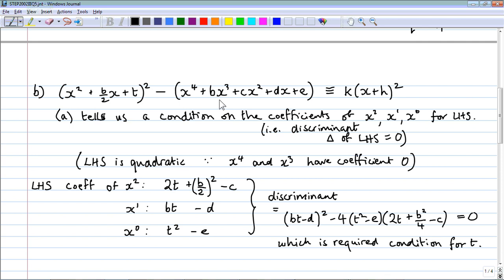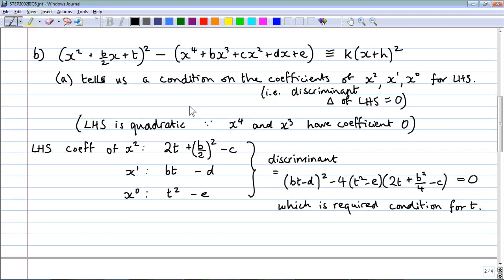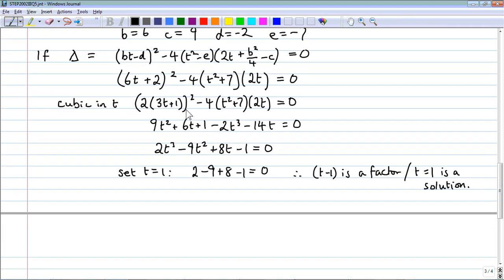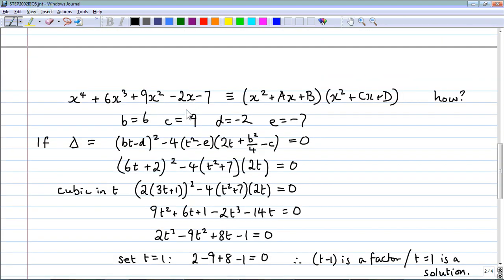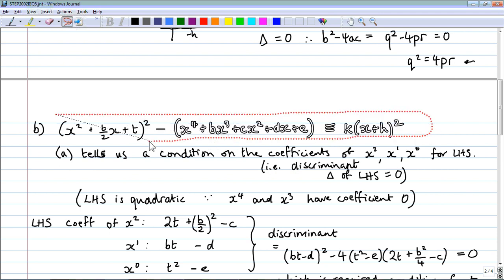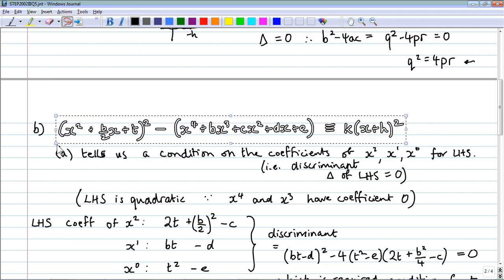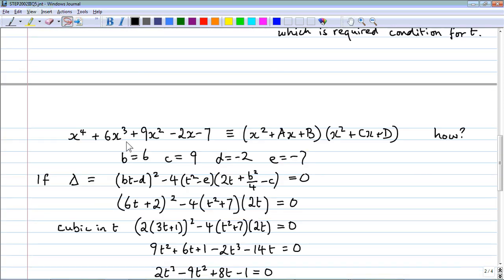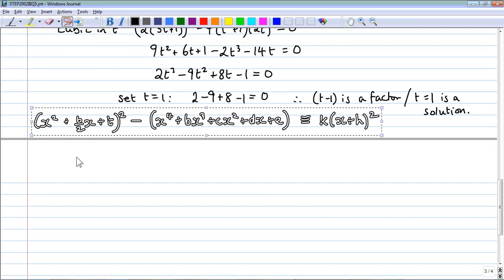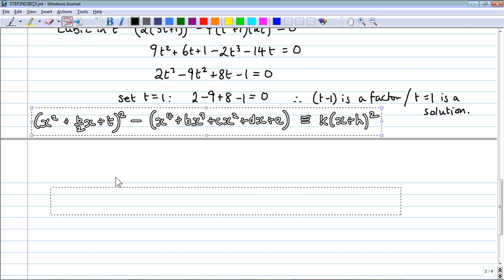Then we can use the difference of two squares formula to rewrite that as a product. Okay, so let's do that. I guess I should probably just copy this back. If I copy this that we wrote in part B again, our next task will be to set t equals 1.